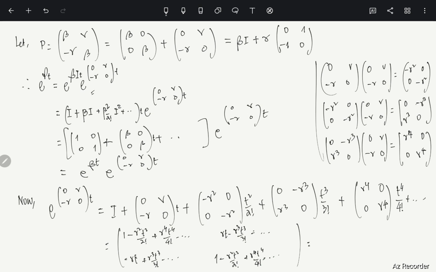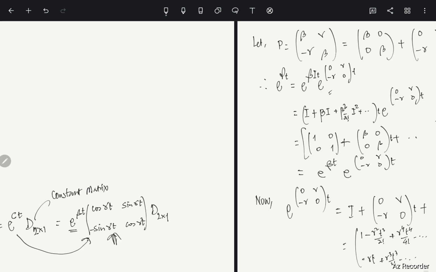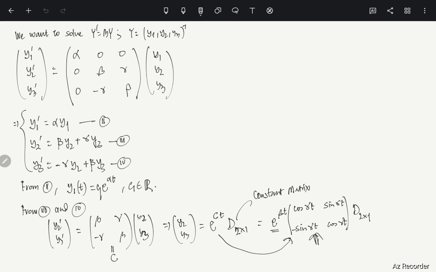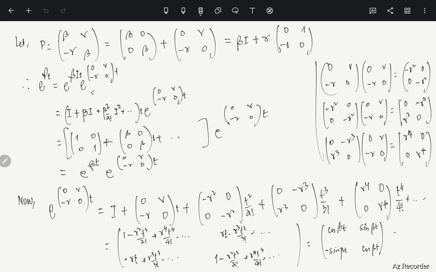Now you know this is nothing but sine and cosine. So essentially, it is cosine beta t, sine beta t, and minus sine beta t, cosine beta t. Clear? So you see, this is essentially the same thing which I wrote here. What I want you to do now is this.